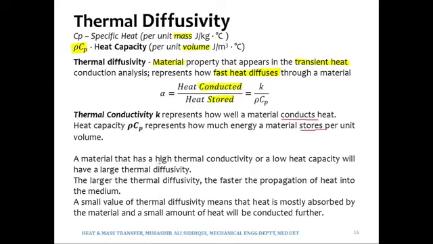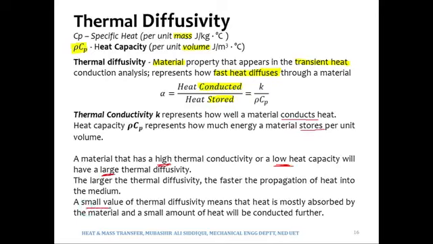Of course, a material which has a high thermal conductivity, higher K, or a low heat capacity would have higher values of thermal diffusivity. So if it has large thermal diffusivity, what does this mean? It means that it will retain less and transfer more. This is what is meant by higher thermal diffusivity.